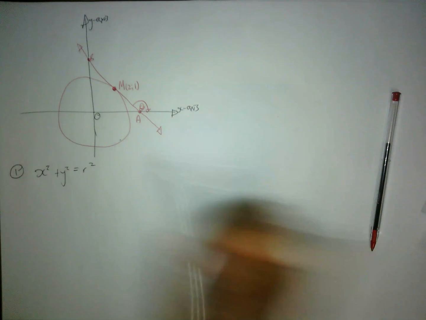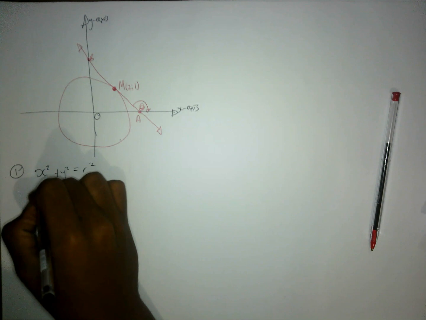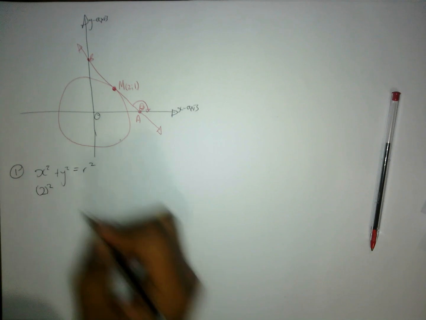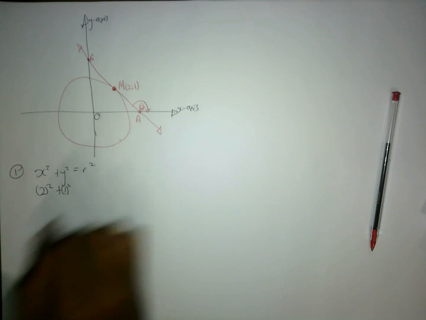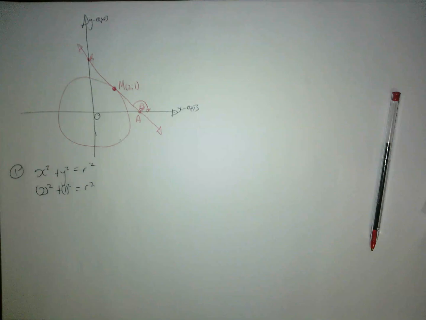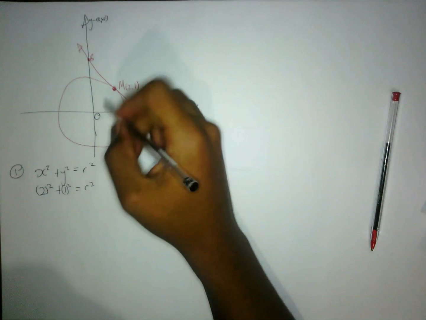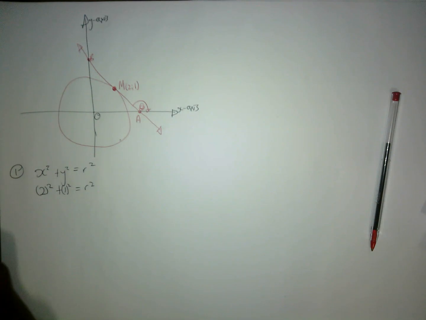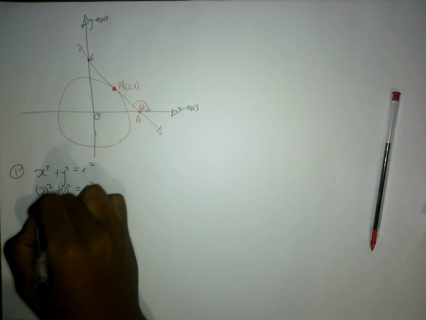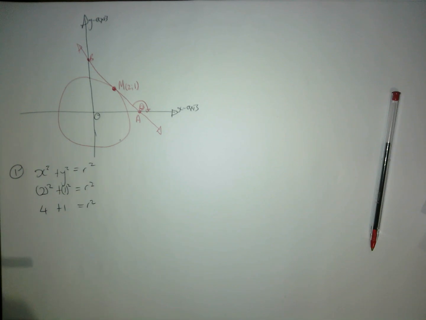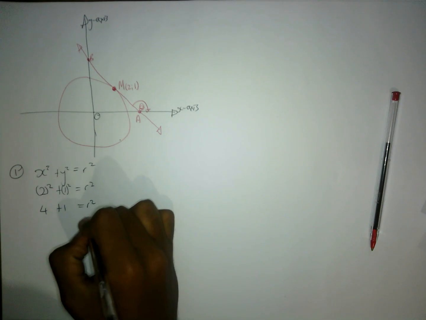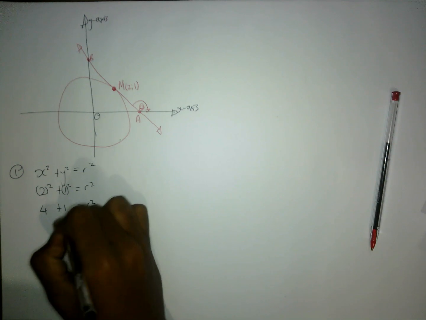So all we do is take this 2 for the x and square it, take that 1 for the y and square it, equals r squared, the radius. So we solve this: 4 plus 1 equals r squared, and then r squared equals 5.